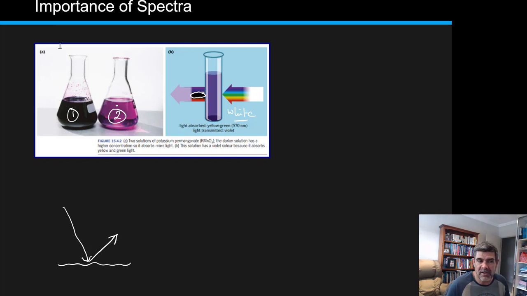We might suggest that this is potassium permanganate, but we would have to do tests on that, or you could just read the label underneath in order to confirm that that was the case. But we could definitely see that the darker solution is one that obviously has a much higher concentration of ions in it.